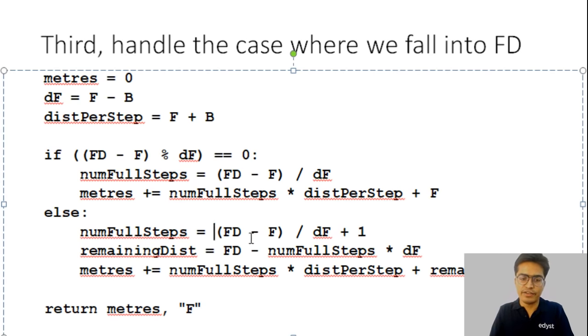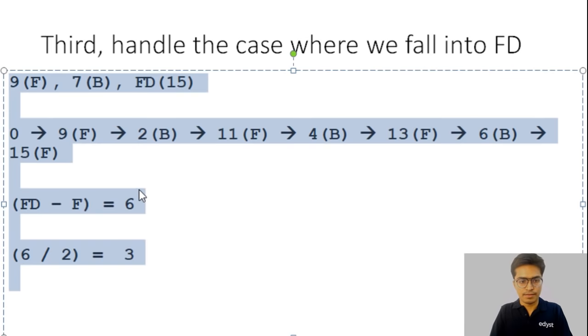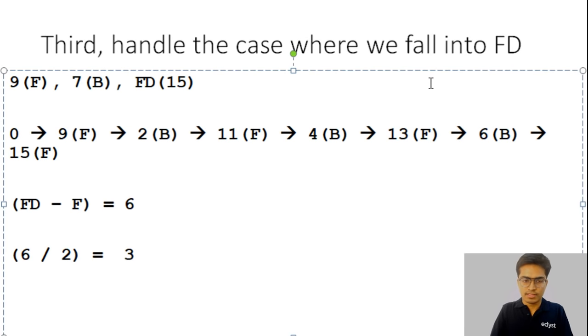what would happen is if your fd minus f, let's go back to the example that we were working on. Suppose we keep our fd as 14, right? So what happens here is your fd minus f becomes 5.